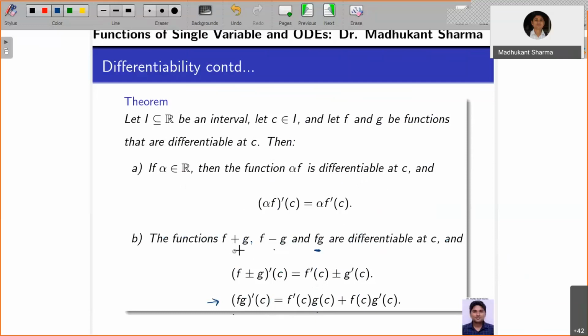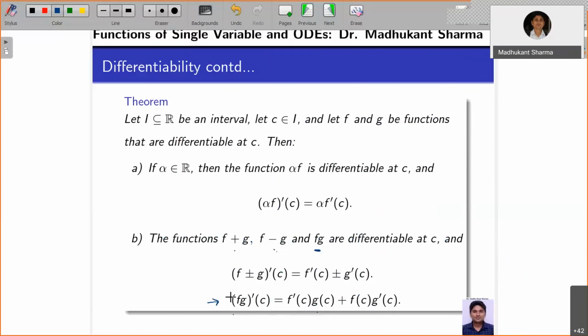Similarly, a scalar multiple of a differentiable function is also differentiable at c. So the sum, difference and product of two differentiable functions are also differentiable, and you can obtain the result of how to differentiate the product of two functions.